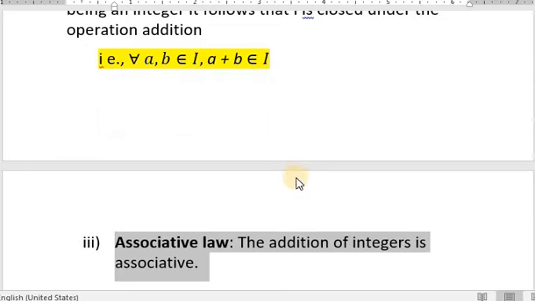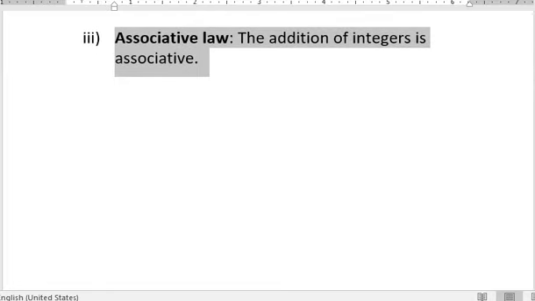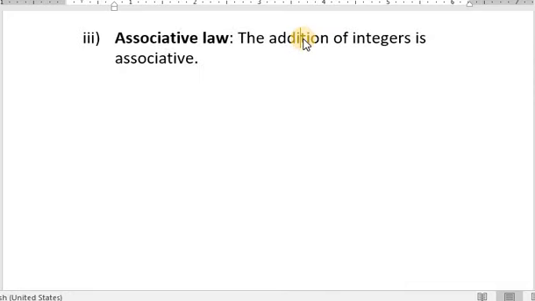Then associative law. Second, associative law. The addition of integers is associative.